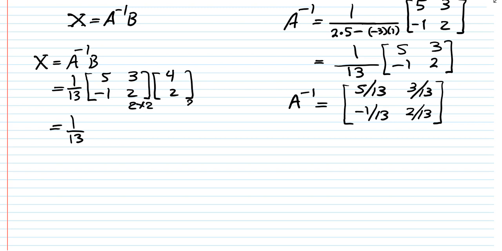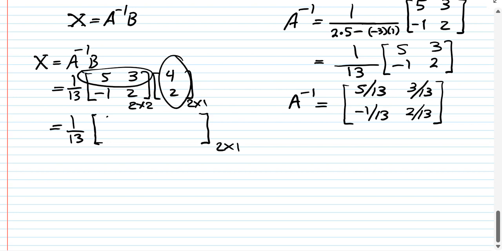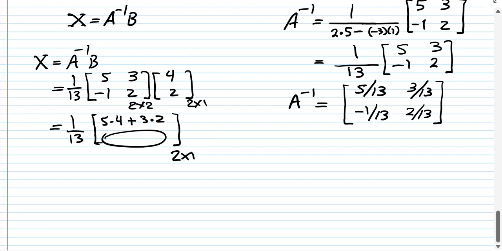So we're doing a 2 by 2 and a 2 by 1. The product's going to be 2 by 1. Let me actually put details on this one. You're going to multiply first row by first column. So I'm going to do 5 times 4 plus 3 times 2. The element in the second row, first column, we're going to multiply second row by first column.